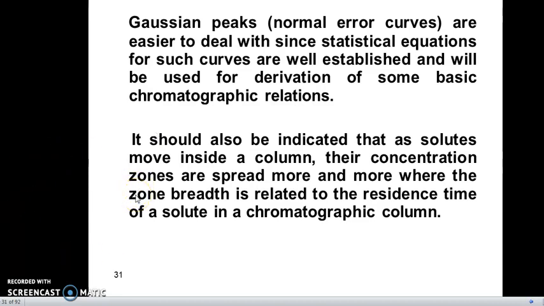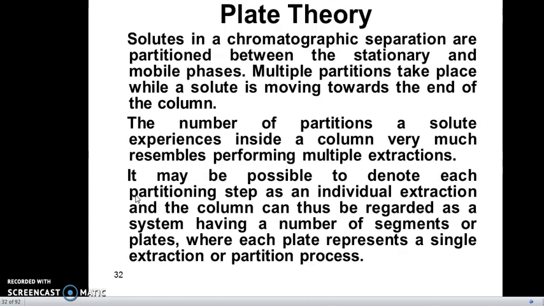So in this way, the solute moves inside the column, and the concentration of the zone spreads more and more. Then the peak gets broad, and the width is high. So the residence time of the solute becomes somewhat confusing because the center of the peak gets confusing. So in this way, you have to find out.